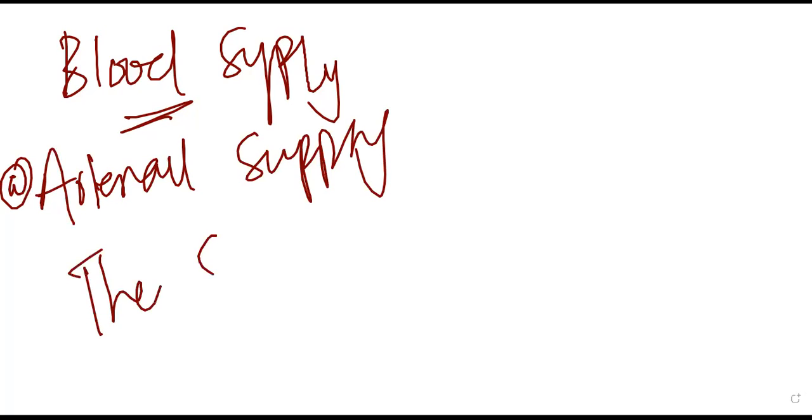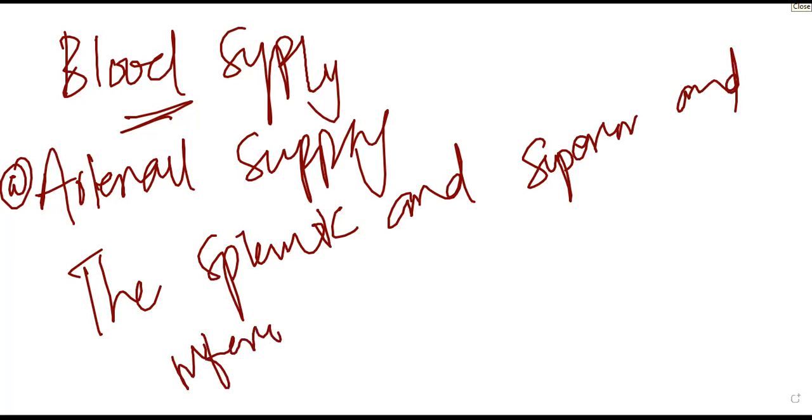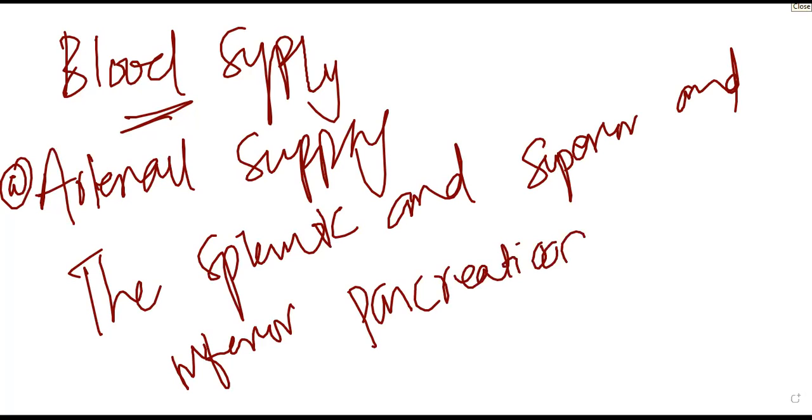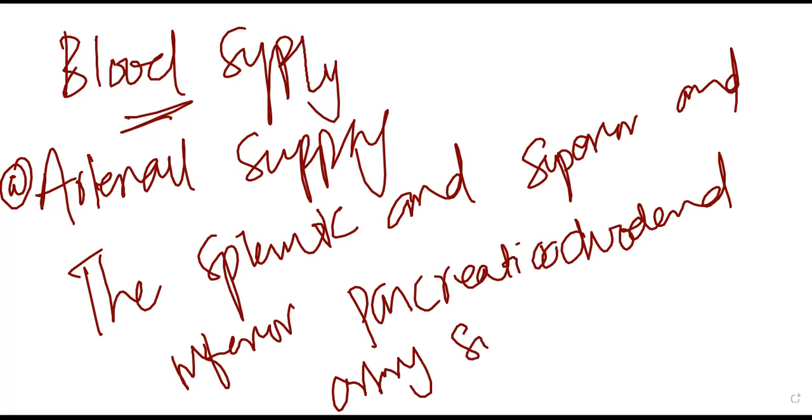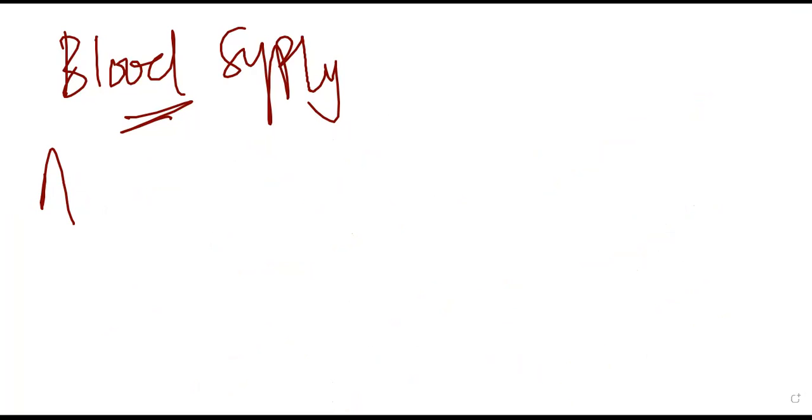The splenic, and superior and inferior pancreatoduodenal artery supply oxygenated blood to the pancreas. The splenic, the superior pancreatoduodenal artery, and the inferior pancreatoduodenal artery supply the oxygenated blood to the pancreas.